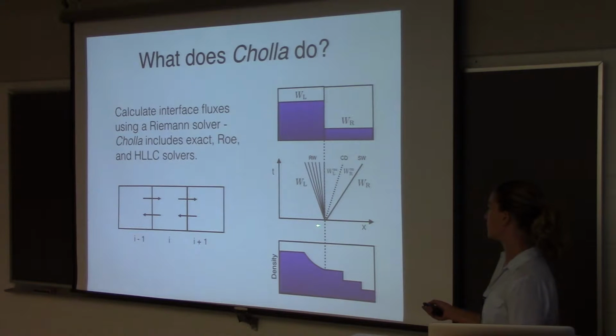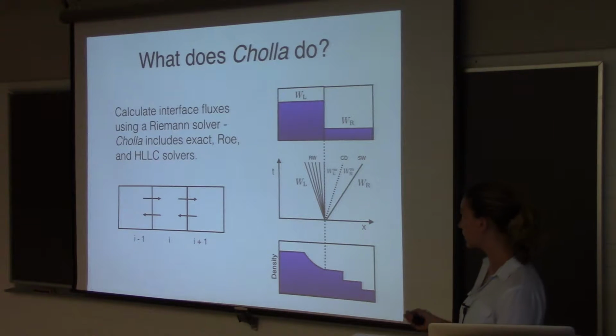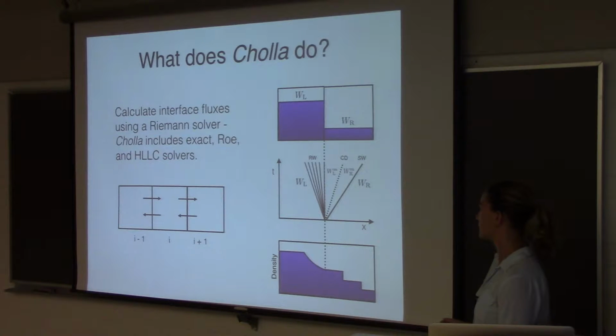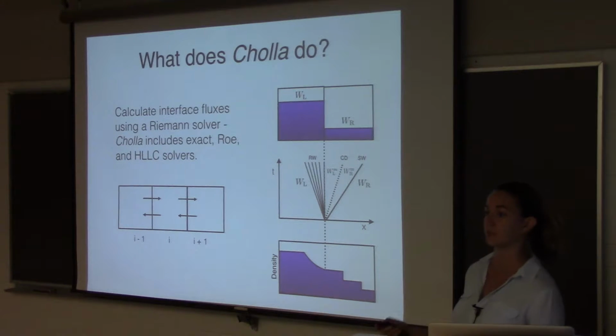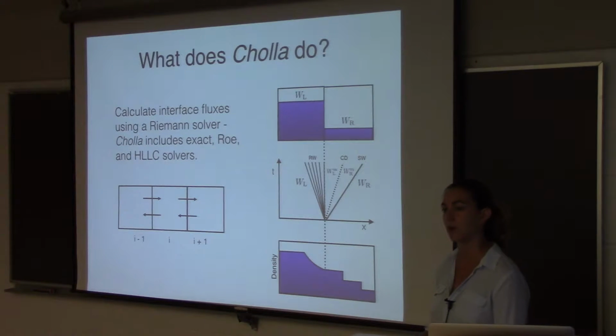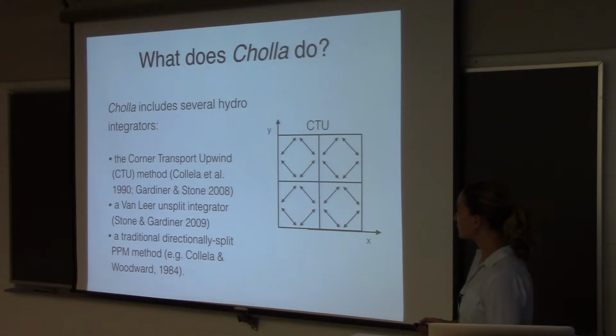And so here maybe you have a shock wave that's coming out, and then some sort of contact discontinuity and a rarefaction wave. It depends on what your initial state is. But the process of solving for this family of solutions is done with a Riemann solver, and Cholla includes a number of different types of Riemann solvers as well, which also allows you to pick the one that's best for your problem in that sense, or see if it's affecting your answer.